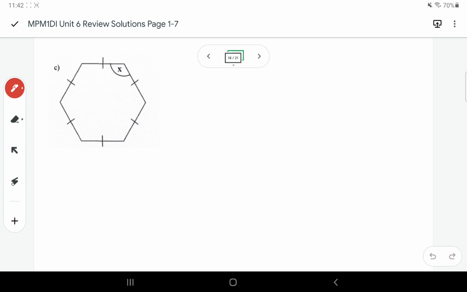Now this is one where it's a regular polygon, and I'm going to do the sum of the inside angles. So my n is 6 because I have 1, 2, 3, 4, 5, 6 angles. So my sum is 180, this is the same as the last one, times n minus 2.